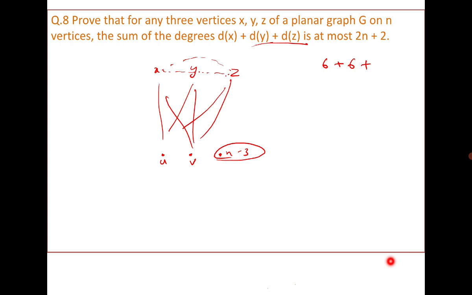It means that for the remaining n minus 5 vertices, each one can be adjacent to any two of the three, which gives the degree sum of x, y, z to be 2 times n minus 5. So the degree sum of x, y, z is less than or equal to 6 plus 2 times n minus 5, which gives you 2n plus 2. So a very interesting question.